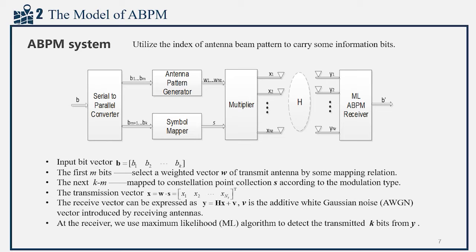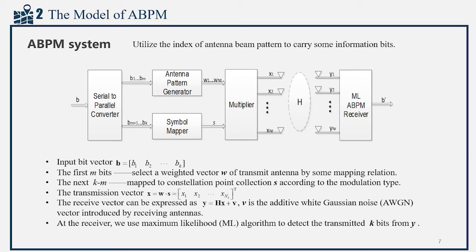Then, multiplying the selected weighted vector W by the selected constellation point collection S, we can obtain the transmission vector X. The transmission vector will be transmitted to wireless channel H, whose arbitrary element follows the independent identically distributed circular symmetry complex Gaussian distribution.